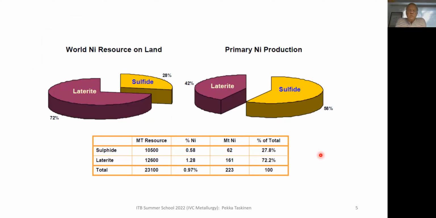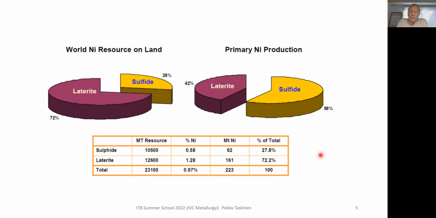So these nickel resources in the world are distributed very unevenly, and also the share of sulfide ores is much less than laterite ores. We have these laterites in most cases in tropical climates, and sulfides are, as I said, magmatic ores.